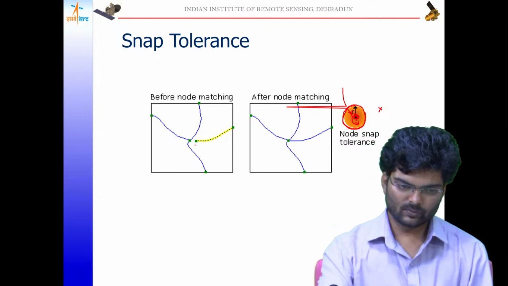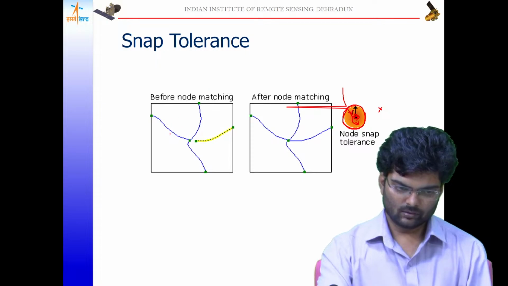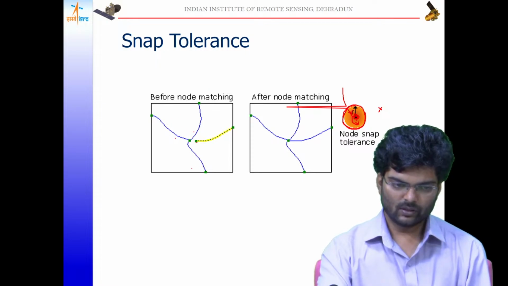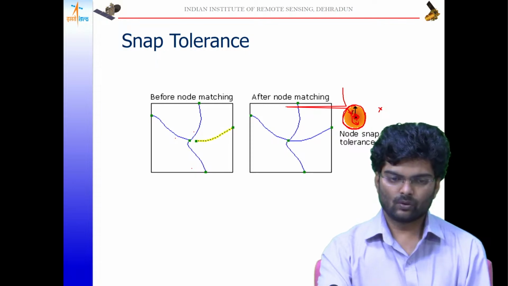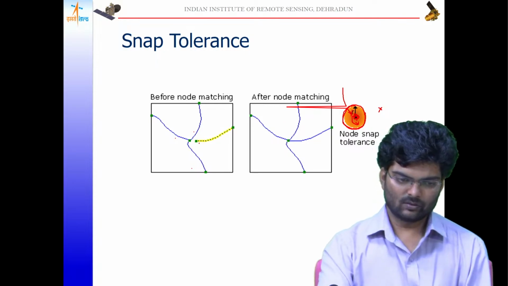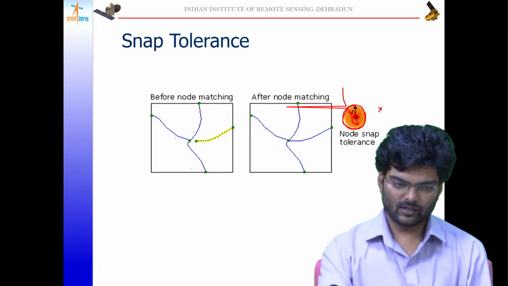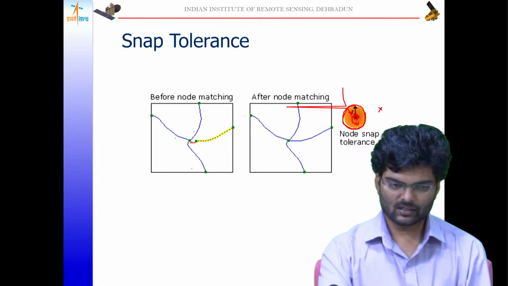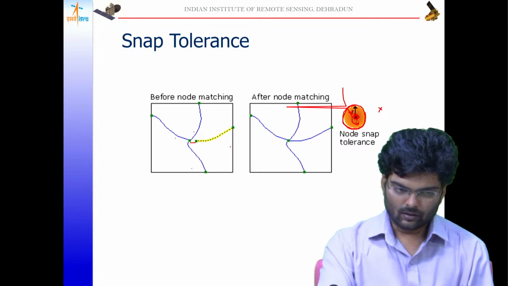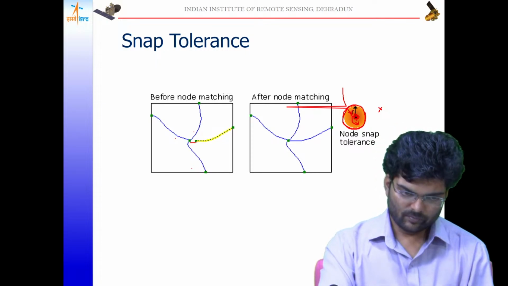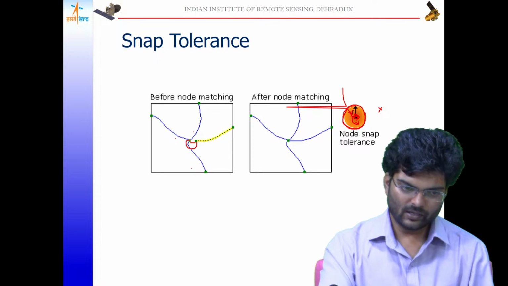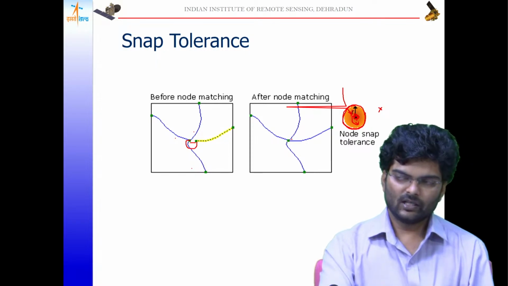For example, here you have these three lines, and another line you are creating, and node tolerance is enabled. So when you create any other point, if this distance is less than the tolerance limit, this point will move and it will snap to the existing point.